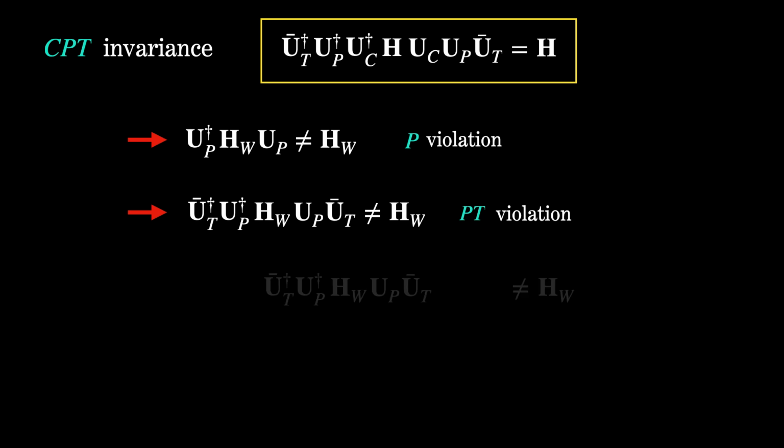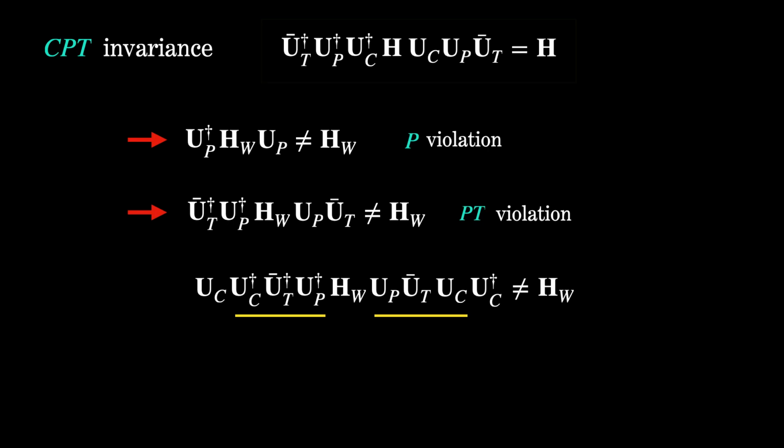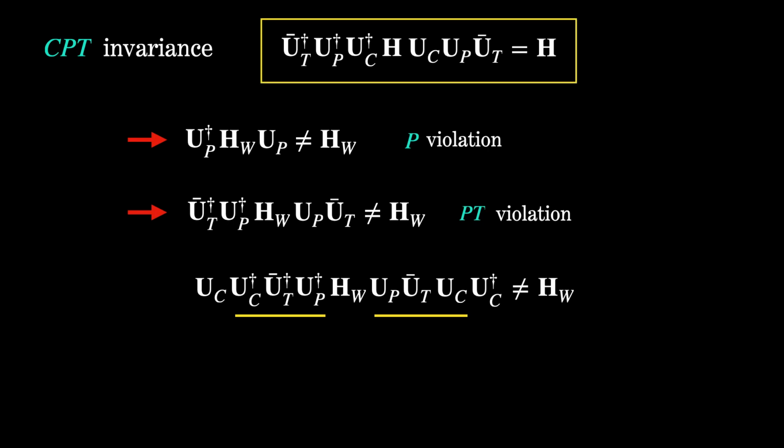This is how. Let's insert a pair of identity operators into this relation in the form of UC dagger. Notice that the inner three transformations are the CPT, which is the symmetry of the weak interaction. Recall that the order in which they are applied doesn't matter, so we could replace this by the weak Hamiltonian.